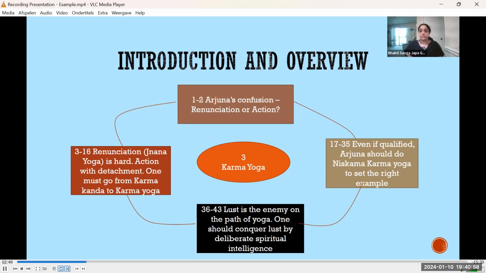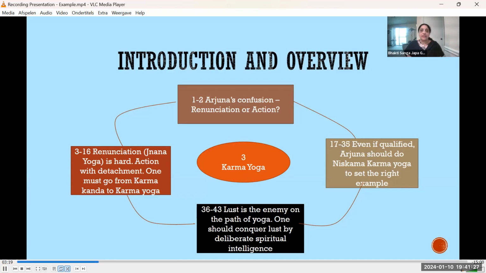Then he explains to Arjuna from verses 17 to 35 that even if one is qualified, he should do nishkama karma yoga to set the right example. Nishkama means without any desires. So he encourages Arjuna to perform karma yoga without desire so that he can set an example, even if he is qualified to become a great renunciant.